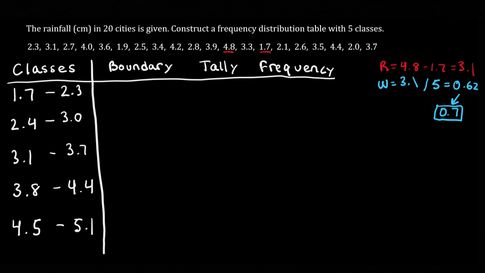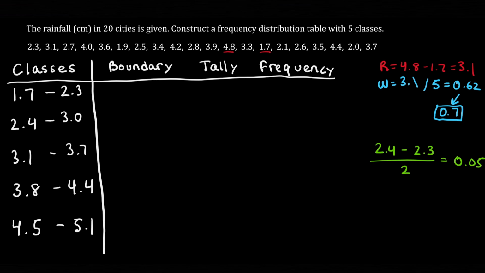Therefore, we need to define a class boundary, and we can do this following a simple procedure. Take the lower bound of the second class, which is 2.4, then subtract the upper bound of the first class, 2.3, then divide by 2, and we get 2.4 minus 2.3 over 2, which is 0.05.